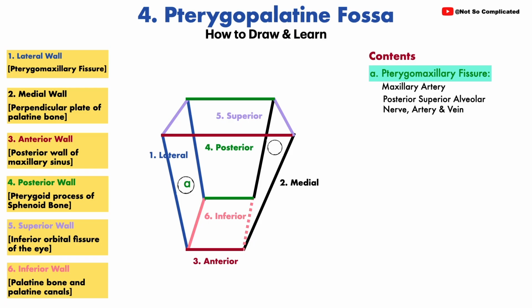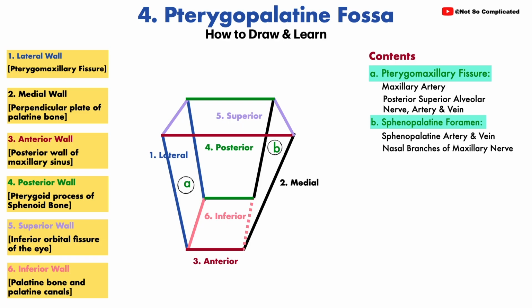Alright, so there will be a fissure in the medial wall also. That fissure is called sphenopalatine foramen, and there will be different structures passing through that, obviously by the name sphenopalatine. So sphenopalatine artery and vein will be passing from that, and nasal branches of the maxillary nerve will also be passing from that.